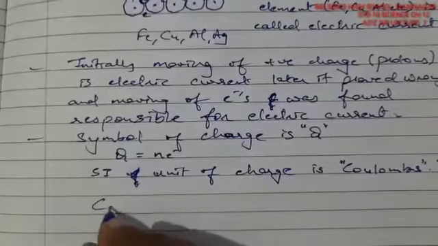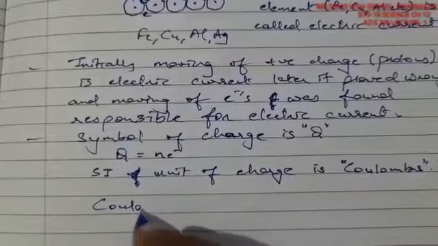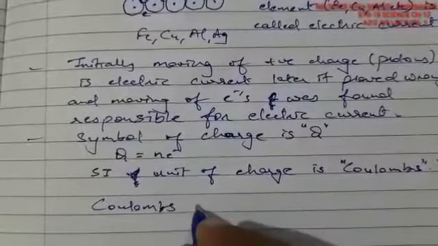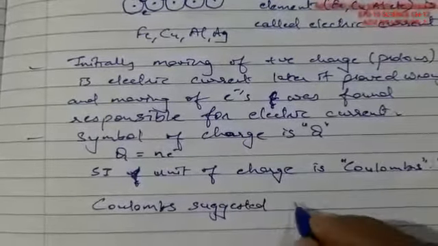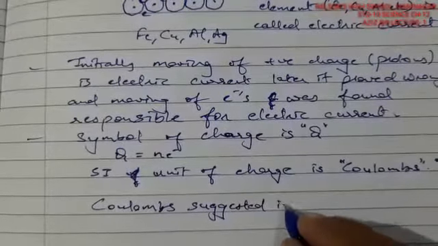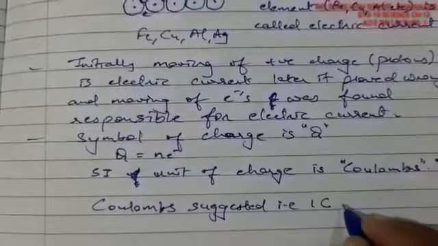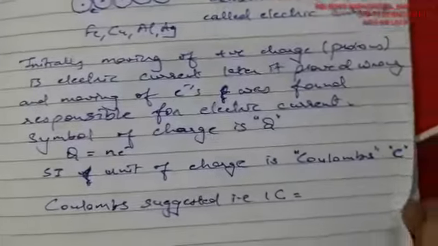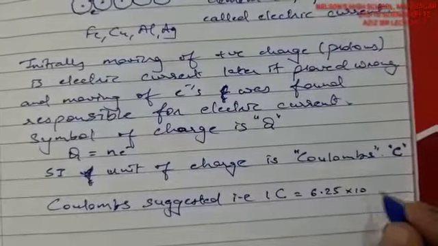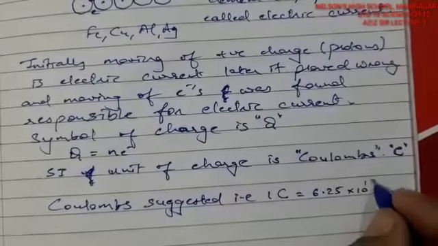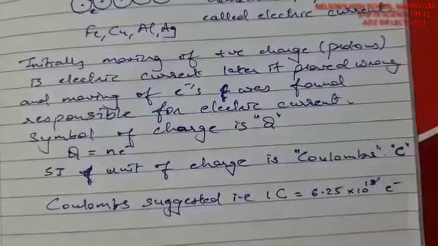1 coulomb is equal to 6.25 into 10 raised to 18 electrons.